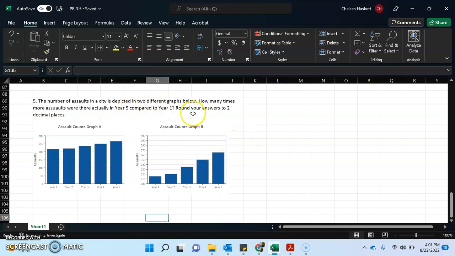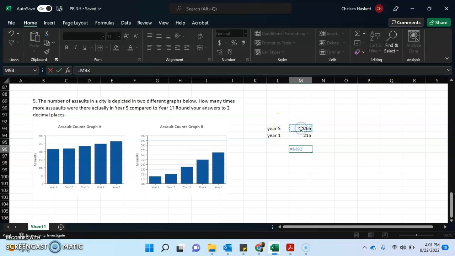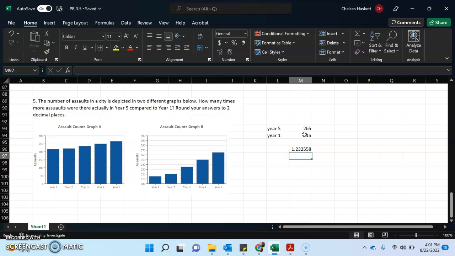Year 5 right here is about 265, and year 1 is about 215. It's asking how many times more assaults, so year 5 divided by year 1, about 1.2 times more assaults, or you could figure out the percentage by flipping that if you would like.